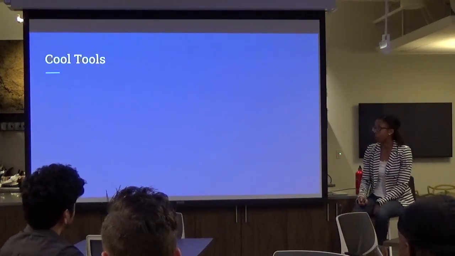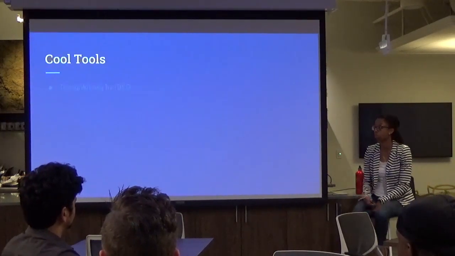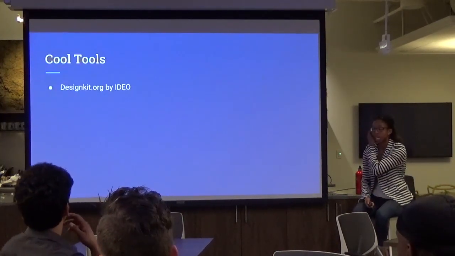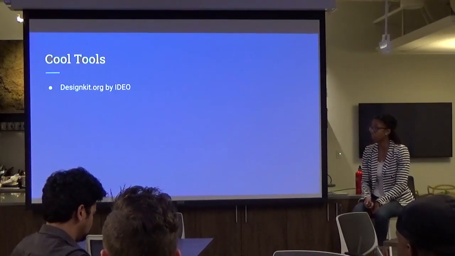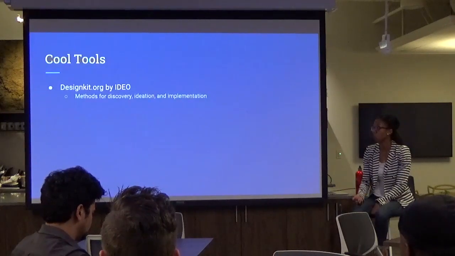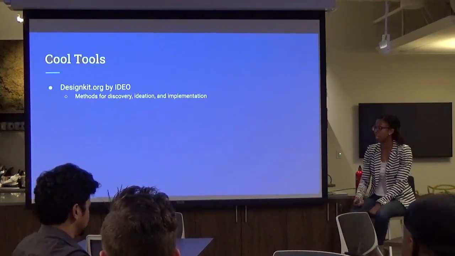So the last thing that I want to go through is some tools that I found are really useful just generally throughout the process. So designkit.org is a website by IDEO, and what that has is literally everything that you could ever want for methods on discovery and implementation.